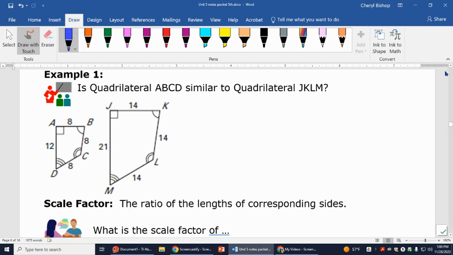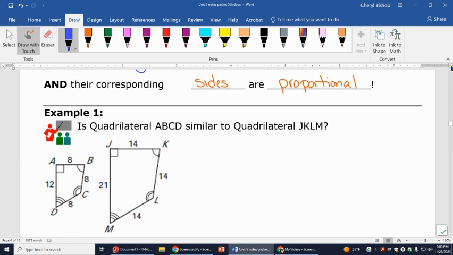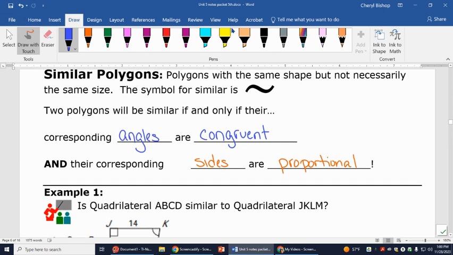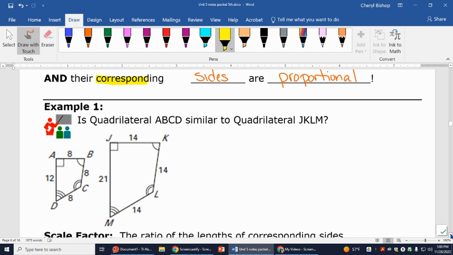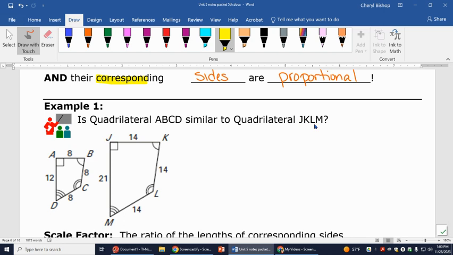And remember, it's their corresponding angles that are congruent, and it's the corresponding sides that are proportional. We're used to reading similarity statements, so we know that this order here, A, B, C, D, is important to this order here, J, K, L, M. That tells me what things are supposed to correspond, right?